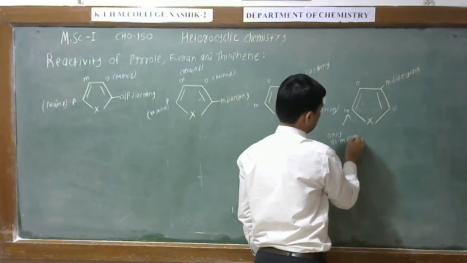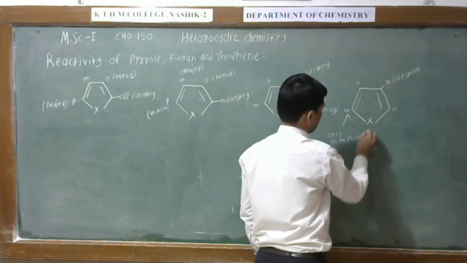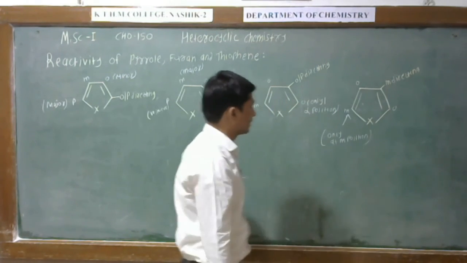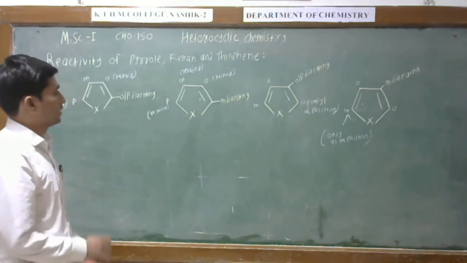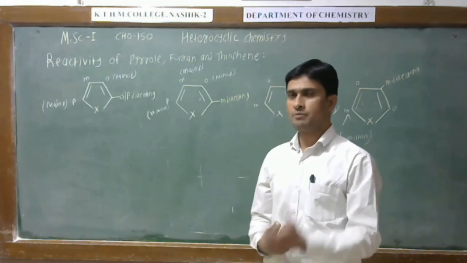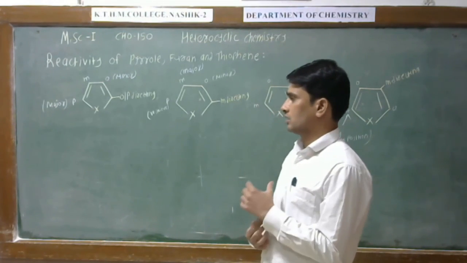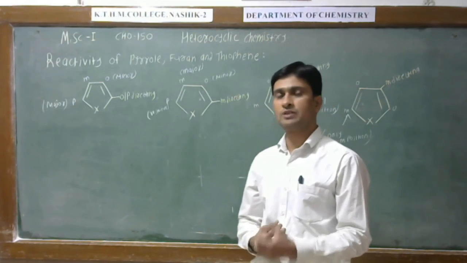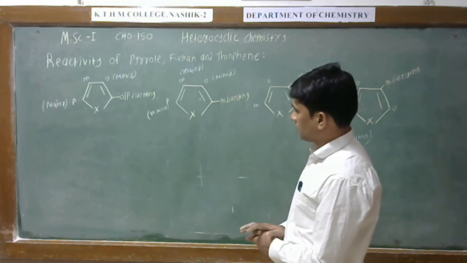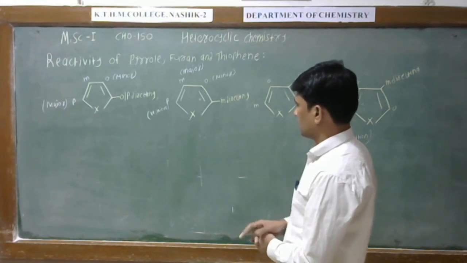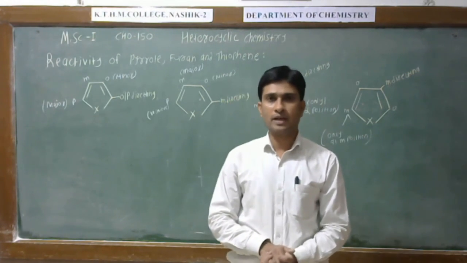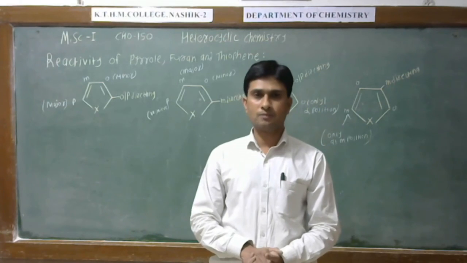In such a way we can consider which type of product, which substitution takes place at which position. We can consider this type of product by these structures. So in such a way, the reactivity of pyrrole, furan, and thiophene takes place.